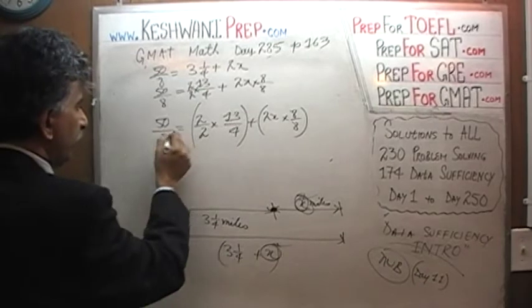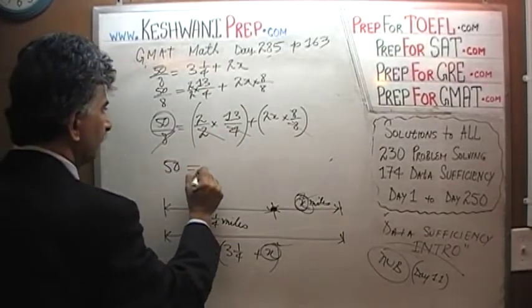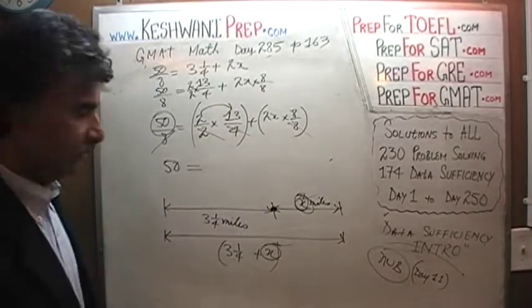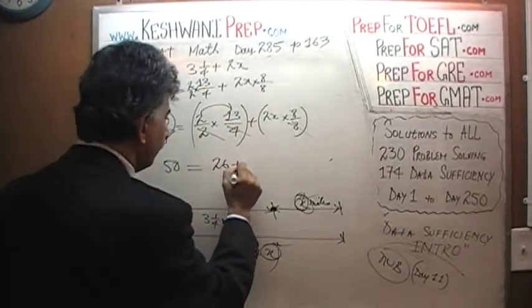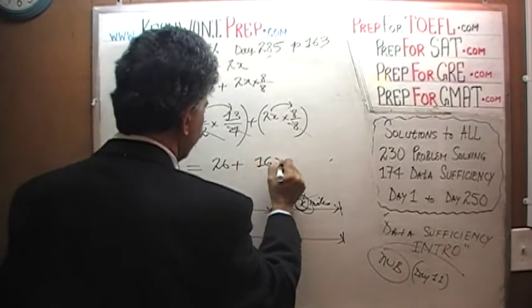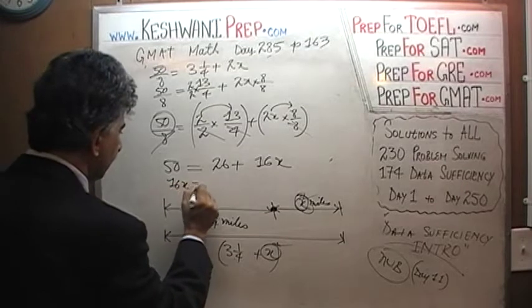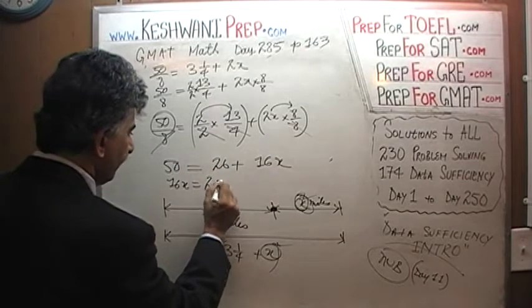Because 8 appears everywhere, it drops out, and we end up with 50 equals 2 times 13, that is 26, plus 2x plus 8 is 16x. 16x equals 50 minus 26, which is 24.